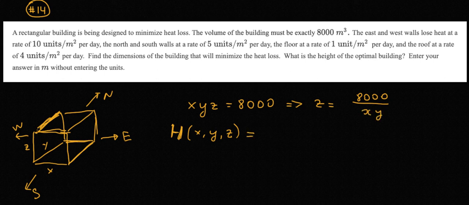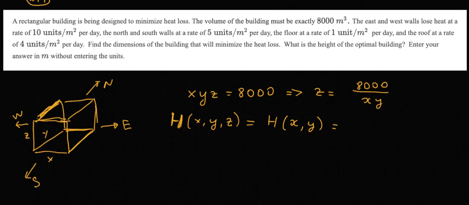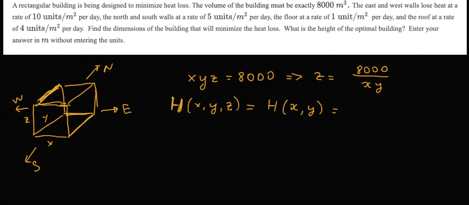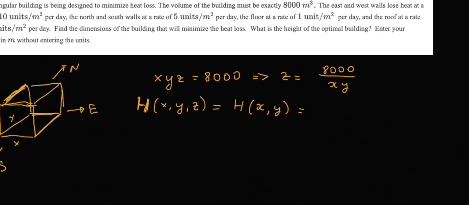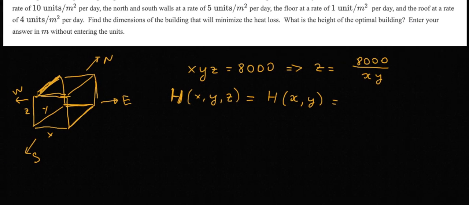And so if we use that observation and replace z with 8,000 over x times y in the function H, it will become a function of only two variables, x and y. Now let's determine the exact algebraic expression that calculates the amount of heat lost by this building each day based on these dimensions.